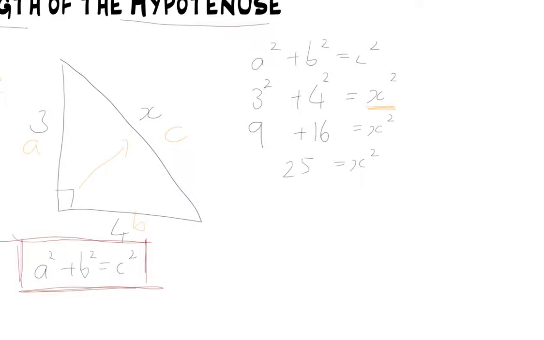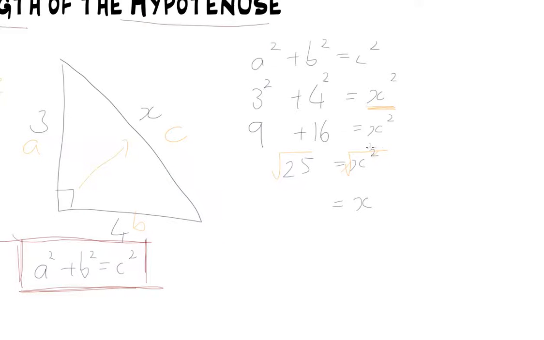Now we will work on getting rid of the squared. Now it's just equal to one thing, x squared is one thing. We're going to square root both sides, and square rooting will cancel with the squared here. Squared and square root will undo each other. That leaves us with just an x. In the same way, solving a normal equation, you might plus 3 minus 3 would cancel, or times 2 divided by 2 would cancel.